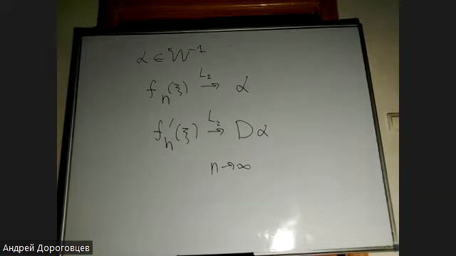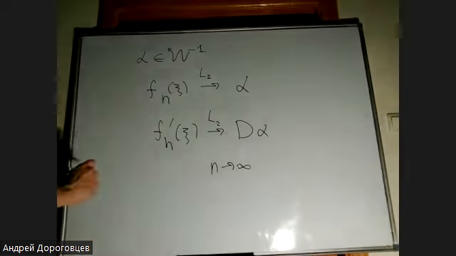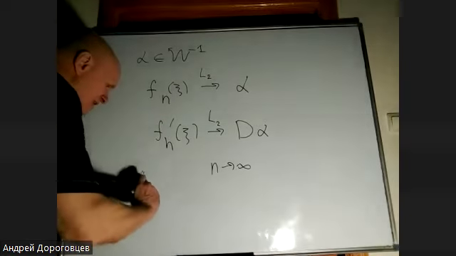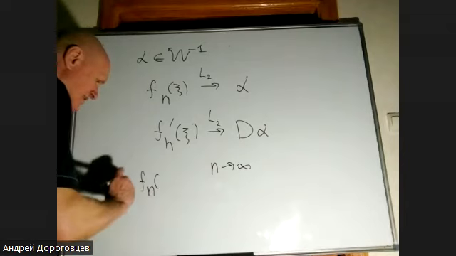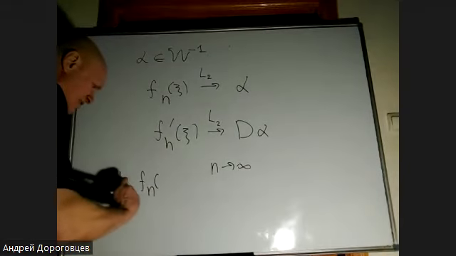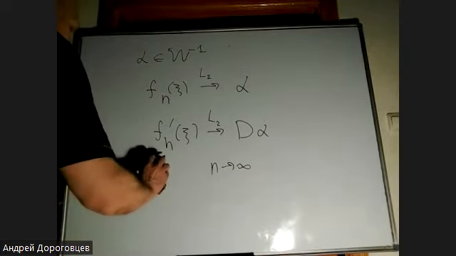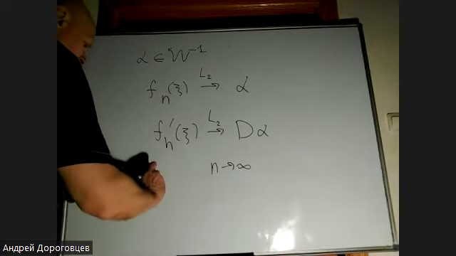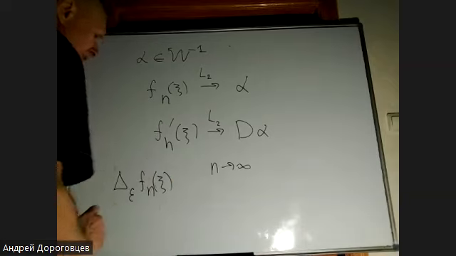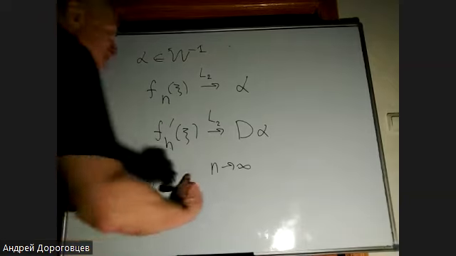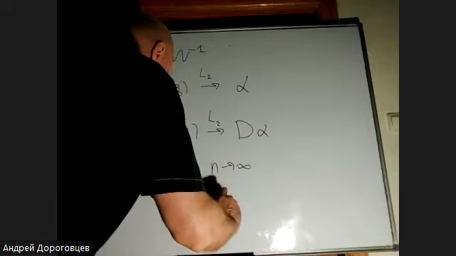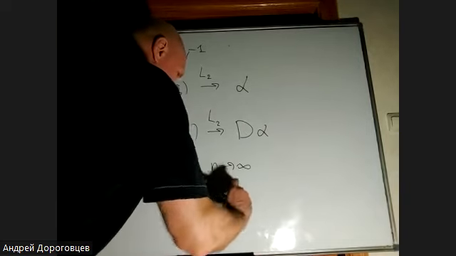Now, what happens if we proceed as follows? Let us define d epsilon fn of psi, and d epsilon of alpha.